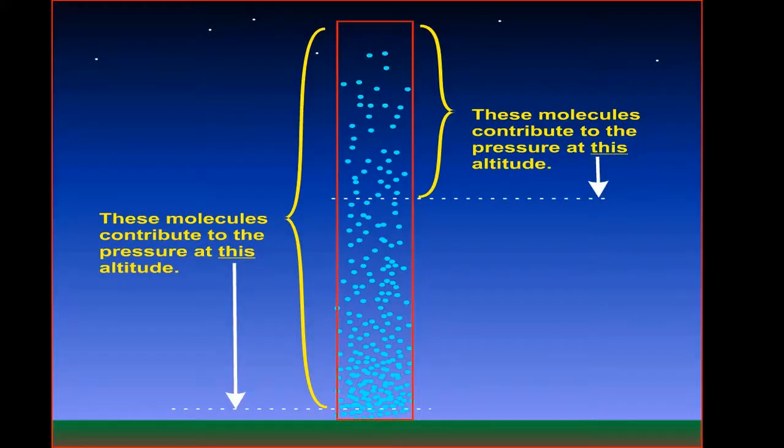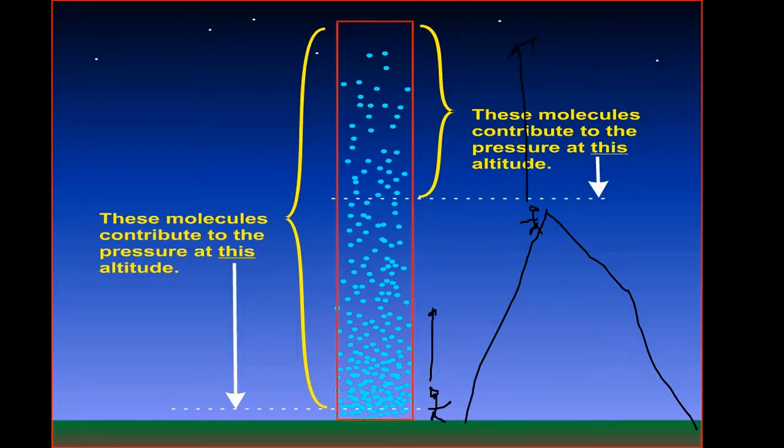All right, so what this means basically is that when we're down here near the ground, here's you. It's not a very good drawing of you, but that's you. Down near the ground there, you have all of the weight of all this air on top of you. But if you were to climb up a mountain like this, and you were to go up here on top of the mountain, there you are, on top of the mountain, now you only have this much air on top of you.